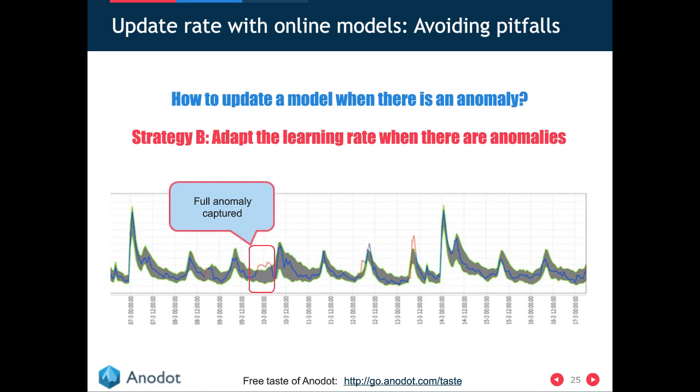If you discover an anomaly, you cannot adapt as though there is nothing going on. You have to slow down or even stop how you learn. The nice thing about a lot of the online and adaptive algorithms is that they have a controllable learning rate, and you can change it to make sure you capture all the anomaly and you don't adapt to it too fast.